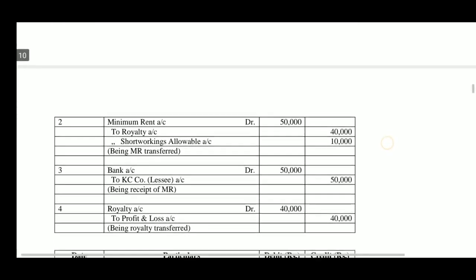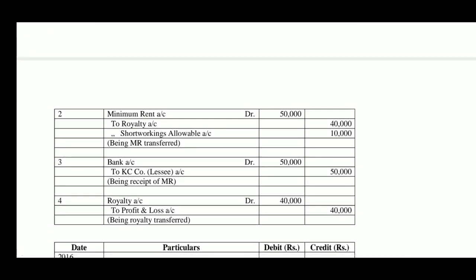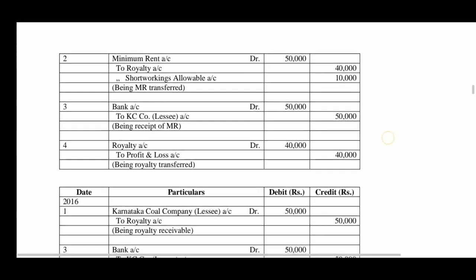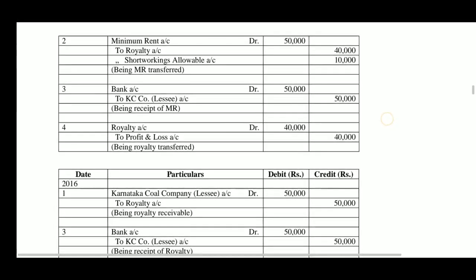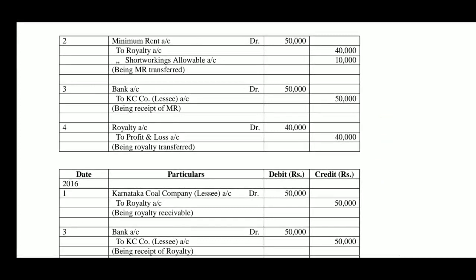Now, for the receipt of minimum rent, bank account debtor to lessee's account KC, that is Karnataka Coal Company account, 50,000 rupees, being receipt of minimum rent or being minimum rent received. Finally, royalty is transferred. Royalty account debtor to profit and loss account 40,000, actual royalty is transferred at the end of the year, being royalty transferred.